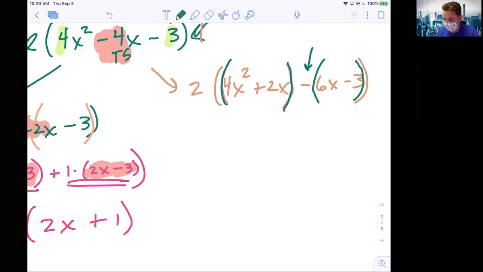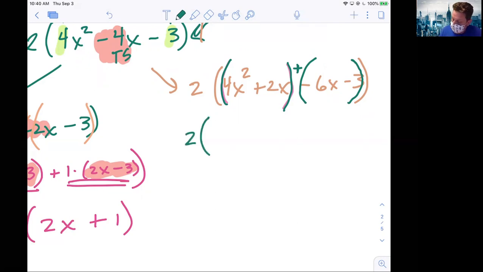So you can either change the sign of the second one, or you could do it this way, which is what I would recommend. Put a parenthesis here and include the negative sign. But now what you want to do is squeeze a plus sign in between there. Why? Because without squeezing a plus sign back in there, it looks like multiplication. All right, so be careful if that's a negative.